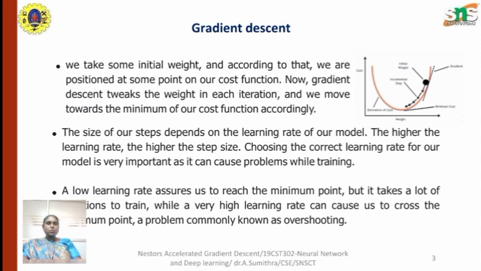Mathematically, the update rule for gradient descent can be represented as theta t plus 1 is equal to theta t minus alpha times the gradient of L of theta t, where theta t is the parameter vector at iteration t, alpha is the learning rate, and the gradient of L of theta t is the gradient of the loss function with respect to the parameters.